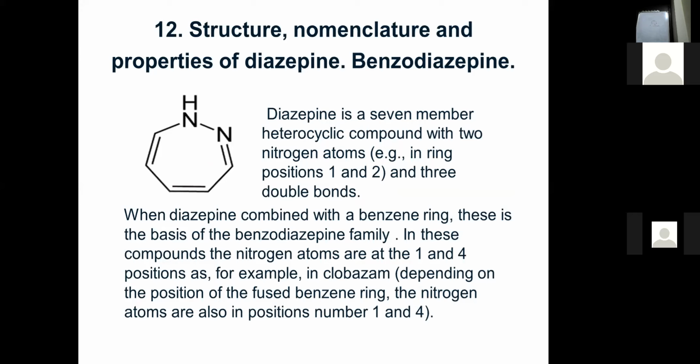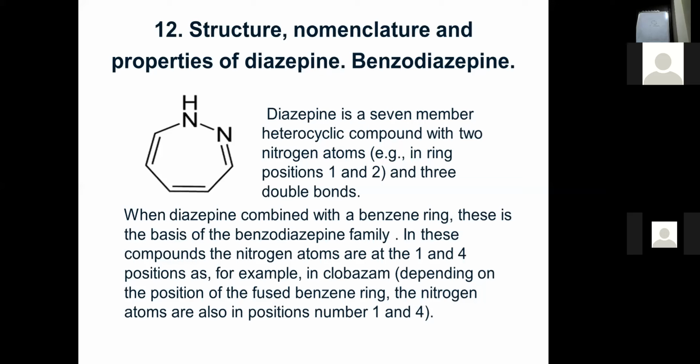In these compounds, the nitrogen atoms are at the 1 and 4 positions. For example, clobazam, depending upon the position of your fused benzene, has nitrogens at 1 and 5. I'll be taking the examples later. So benzodiazepine is nothing but when a benzene is fused to your diazepine analog.